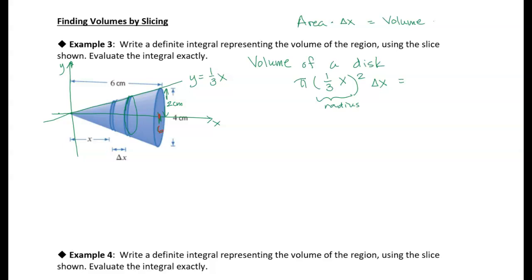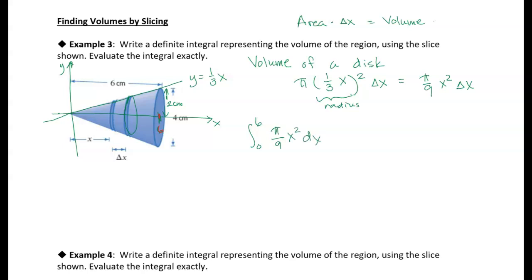Now I can clean this up a little bit. I'm going to write it as pi over 9 x squared delta x. Now if I take all of those little disks and add them up and let the number of disks go to infinity over the interval from 0 to 6, then I have the integral from 0 to 6 of pi over 9 x squared dx.